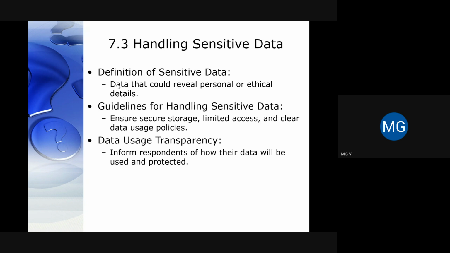Handling sensitive data. Sensitive data in research can include personal information, financial details, or opinions on ethical matters. Handling such data responsibly is essential for maintaining research integrity and protecting participants.